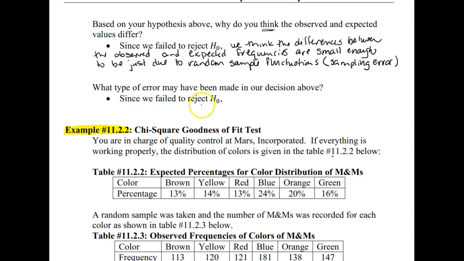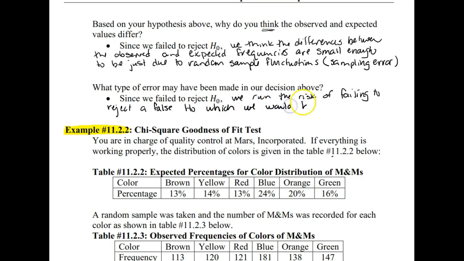So again, in here we failed to reject, so we run the risk of failing to reject a false null hypothesis, which would be a type 2 error.